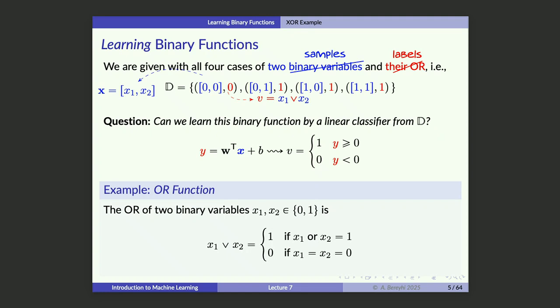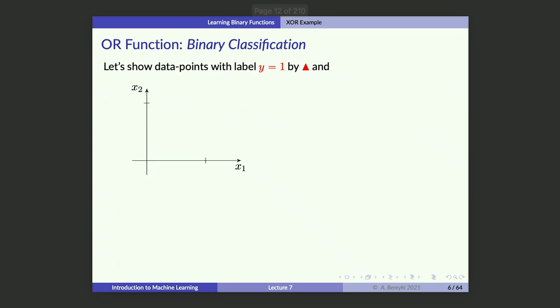So how can I solve it geometrically? Can I do it in two-dimensional space? This is a two-dimensional problem, so the input is two-dimensional. I can sketch the data points inside the two dimensions, and then try to find a line which separates different labels, correct? This is what we did before, so we are going to do the same.